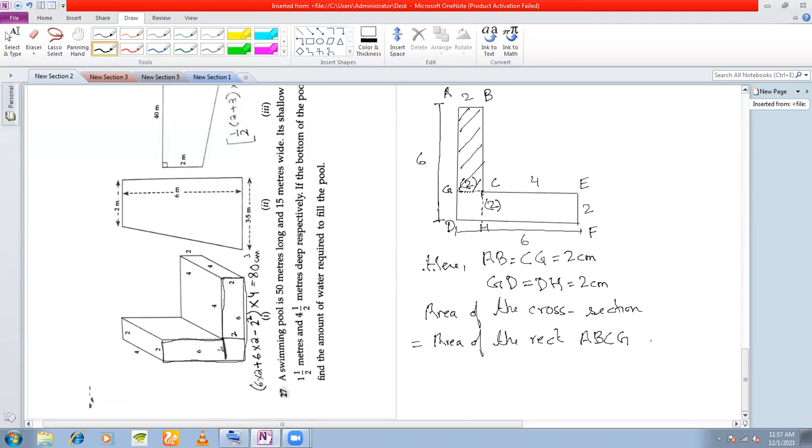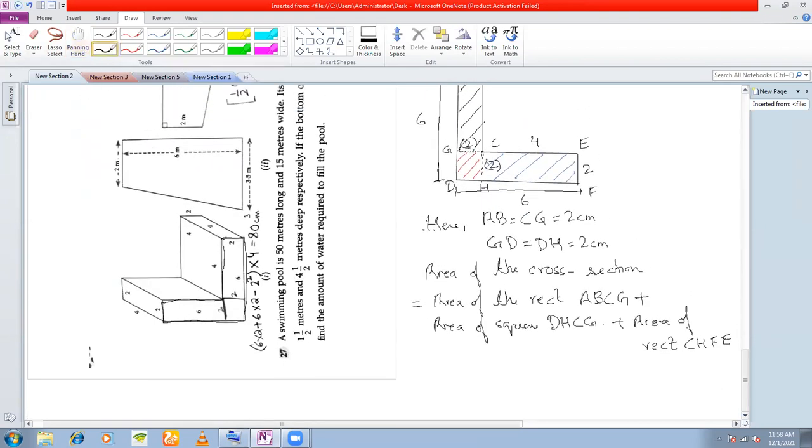This rectangle plus area of square DHCG. And which one is that? This square, right? Plus area of rectangle CHFE. And which is that? This, right? You agree? Area of this cross section is equal to area of these 3.